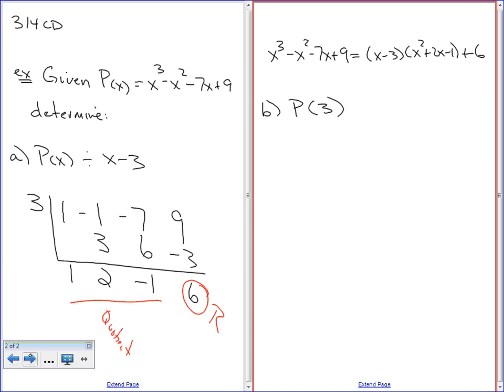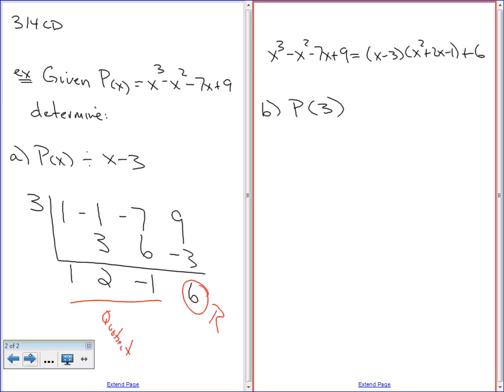What does that mean to do? If I want to determine p at 3. You know the answer? Raise your hand. No, just how, well, like, what does that mean?